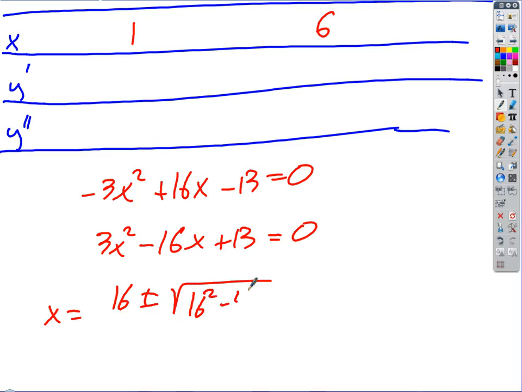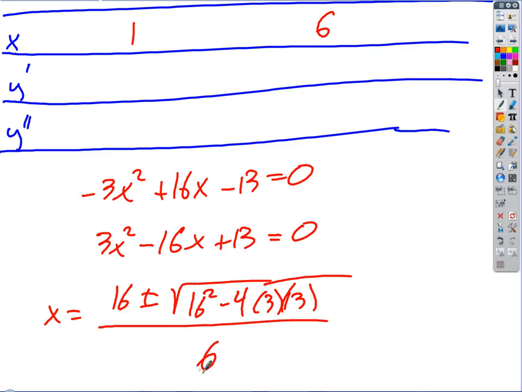So 16 squared minus 4 times 3 times 13, all divided by 6, and let's see what we get here.